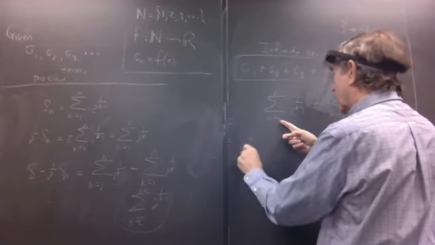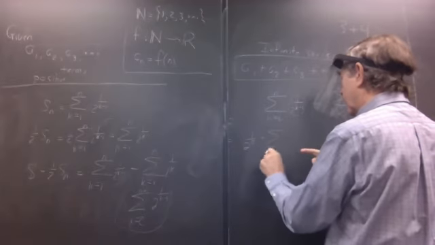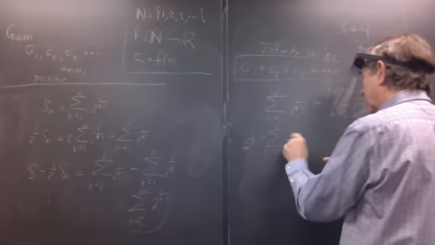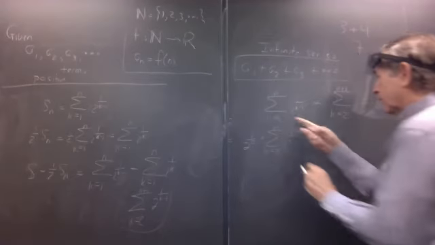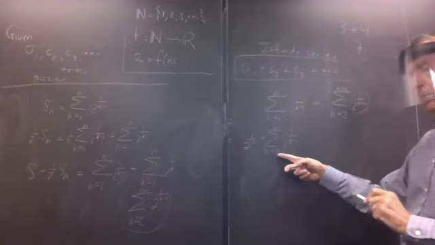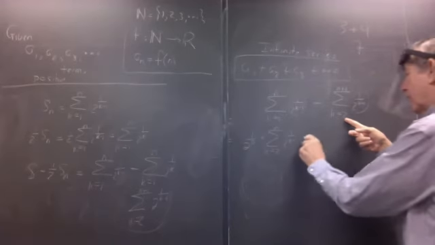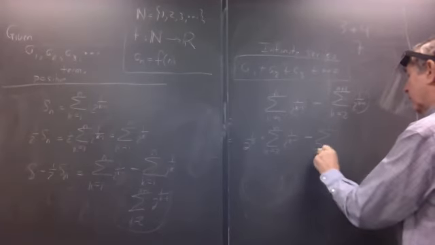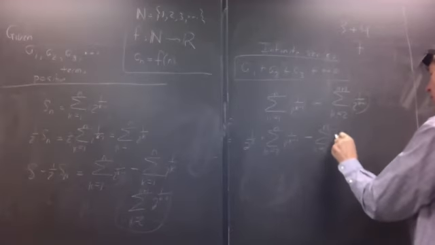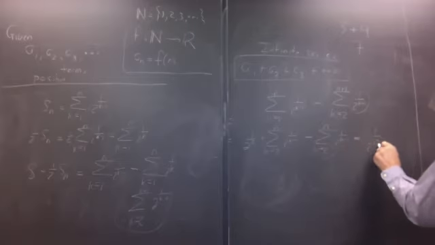I'm going to make this 1 over 2 to the 0 plus the sum from 2 to n. And just split these up. The first one I took off and I have 2. The reason to do that is because over here I have 2. But over here I'm going to take off the sum from 2 to n, 1 over 2 to the k minus 1, minus 1 over 2 to the n.